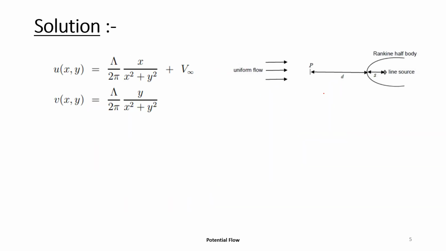So now we'll solve our problem. So in the problem, it is given that this stagnation point position distance is S, and at P velocity is 90% of free stream velocity, that is 0.9 V infinity.